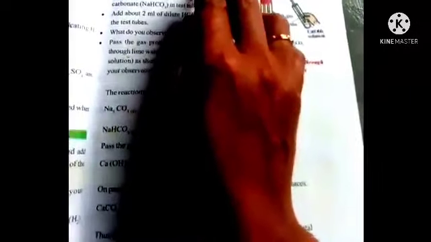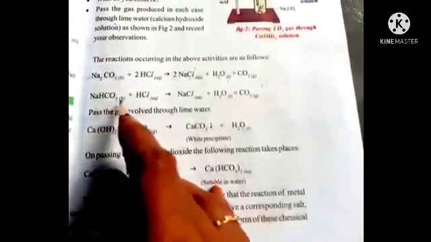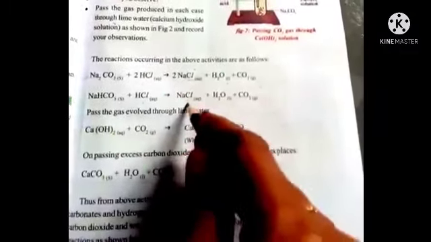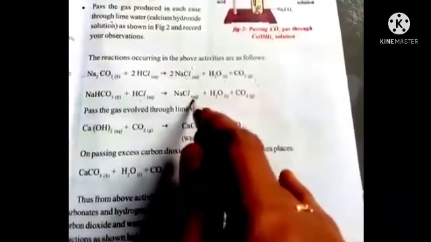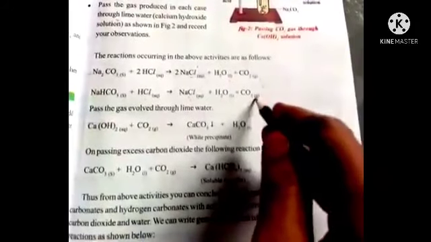So acids react with carbonates to release salt, water and carbon dioxide gas. Next, sodium hydrogen carbonate reacts with hydrochloric acid, producing salt, that means precipitate, water and carbon dioxide.